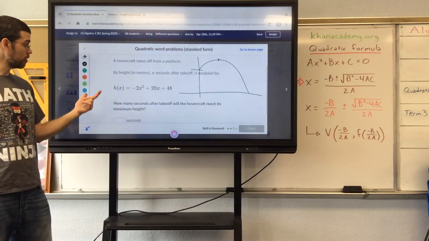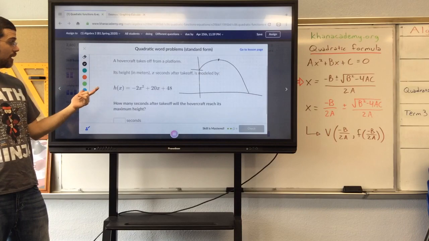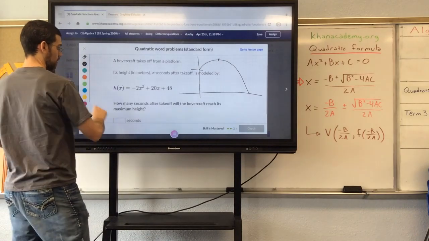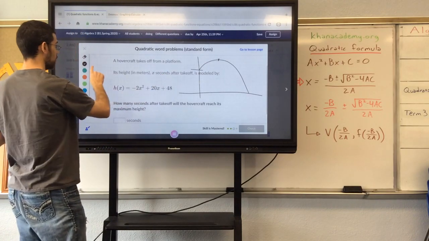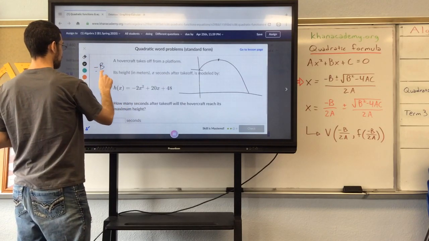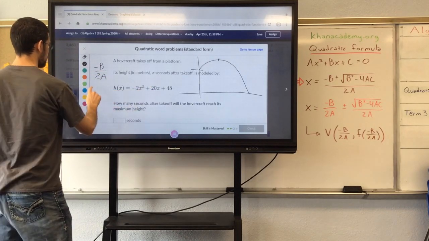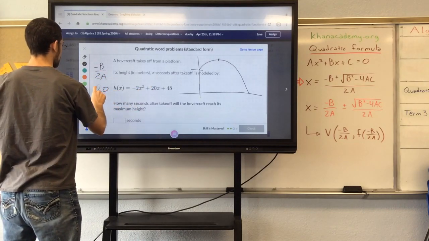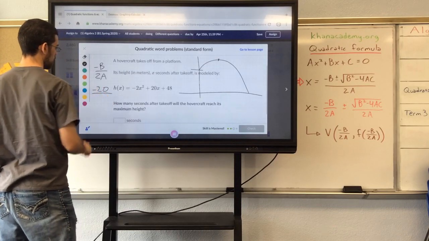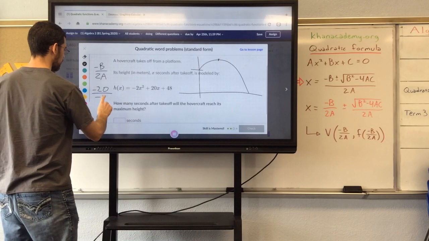So in order to find the vertex of a parabola, using part of the quadratic formula, we can say that seconds is x, so we're only interested in the x coordinate, which is -b over 2a. -b is -20 over 2 times -2 is -4.